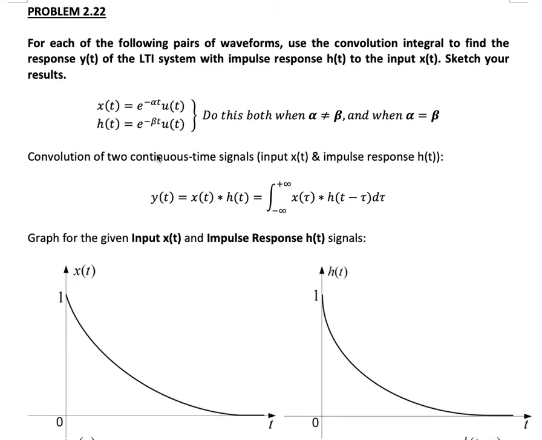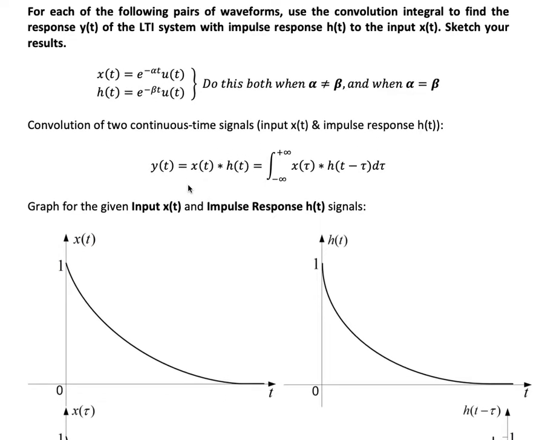Now, as mentioned before, the convolution integral is the relation between two continuous time signals, the input and the impulse response, as is shown below. The convolution y of t is the output signal. So the convolution between the input signal and the impulse response signal is going to be the integral from minus infinity to positive infinity of the input signal with respect to tau.